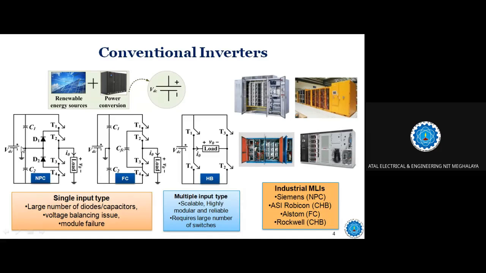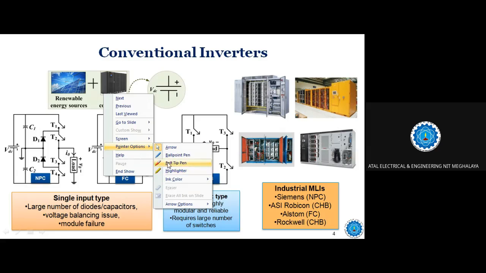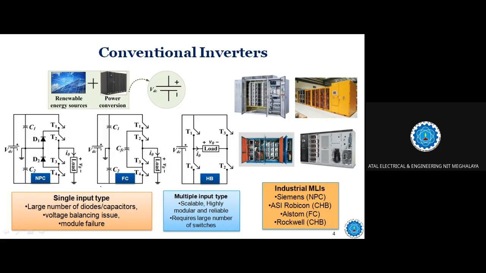Basically, the first 2 types, the neutral point clamp type and the flying capacitor type, generally contain a single DC source, and a number of diodes and capacitors. When you increase the number of levels, because these are 3-level structures, obviously the number of diodes and capacitors is going to increase.